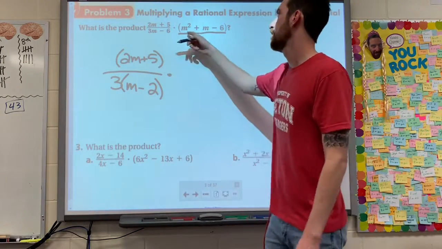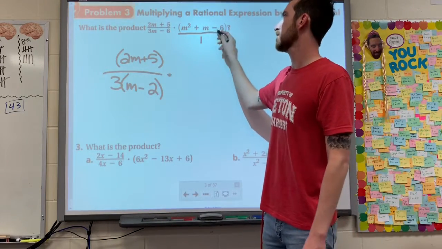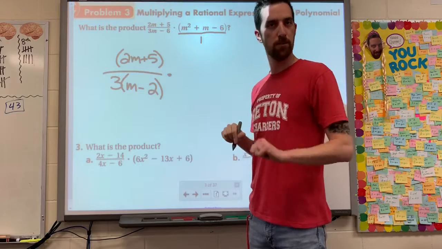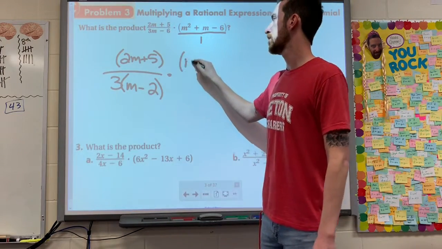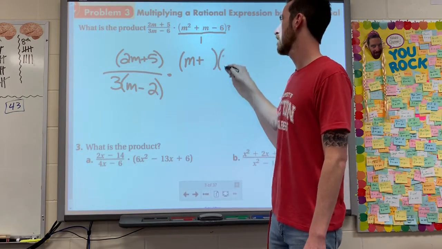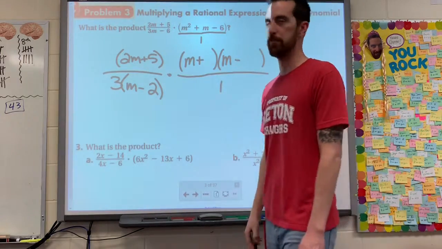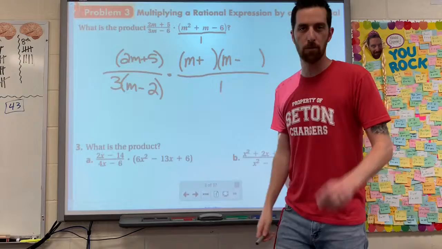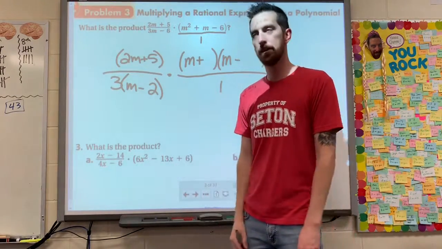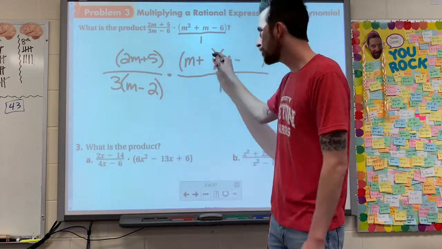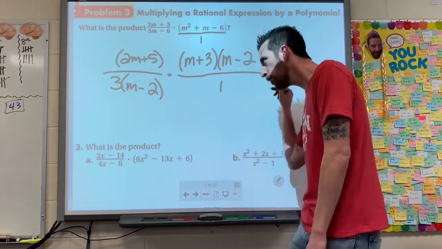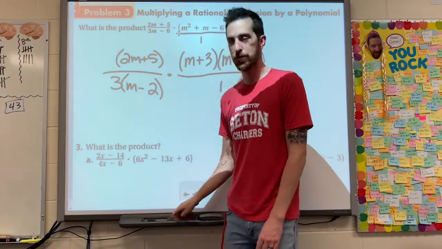Over here, m squared plus m minus 6, it ends in minus, so it has to be one of each. m plus, m minus, we'll keep the 1 on the bottom. Factors of 6 that are 1 apart, 3 and 2. We use that all the time. Plus 3, minus 2.